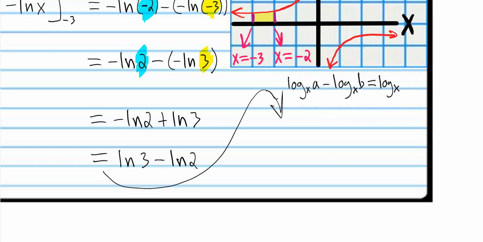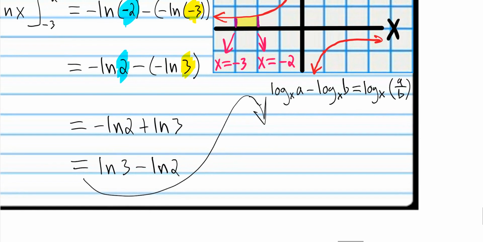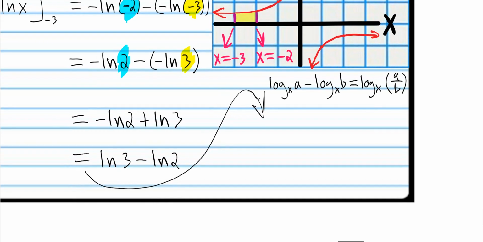If you forgot, that's okay, because every student forgets. But this is something we learned in my intermediate algebra course. So we can actually combine this into natural log 3 over 2, and that's the exact answer.